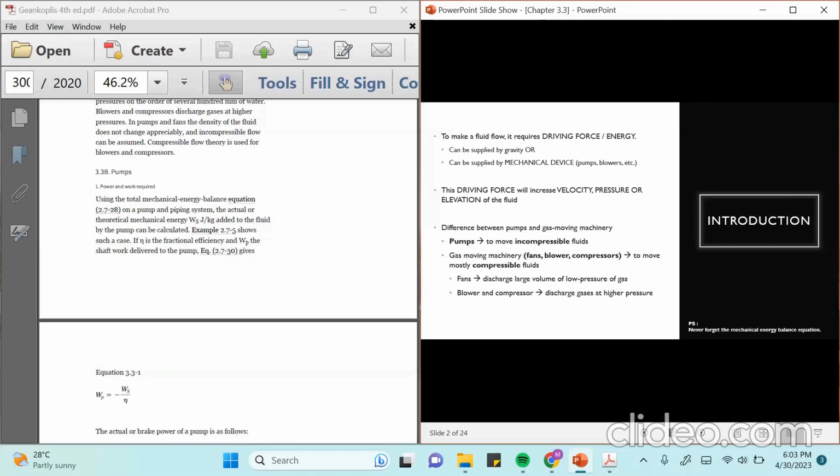If you come close to the fan, you can still feel the pressure increase. However, the increment is not too big. While for the blower or compressor, it discharges gases at higher pressure. So if you come near a blower or compressor, you can feel a strong wind, because it discharges gases at higher pressure.